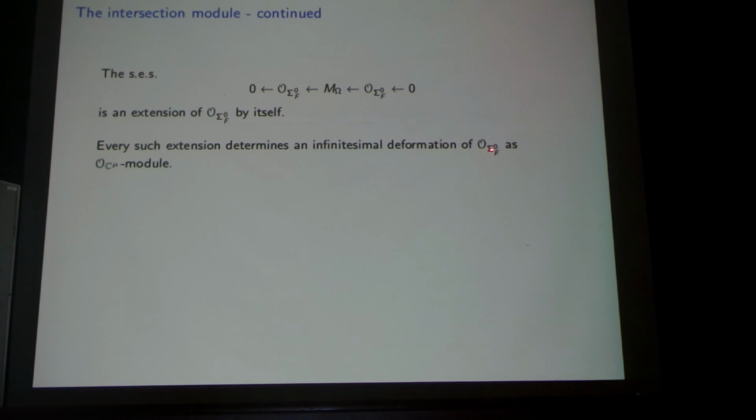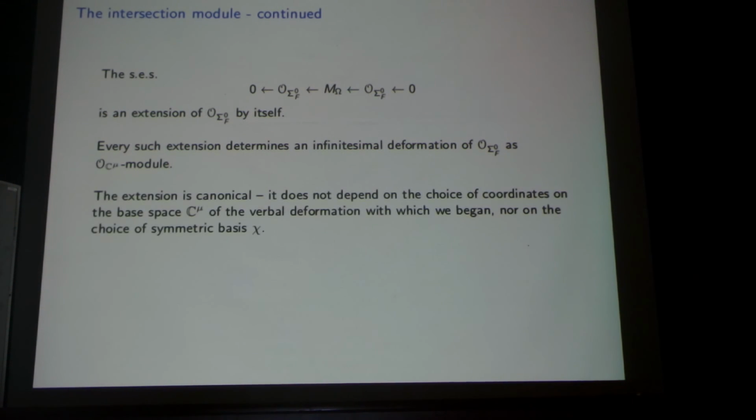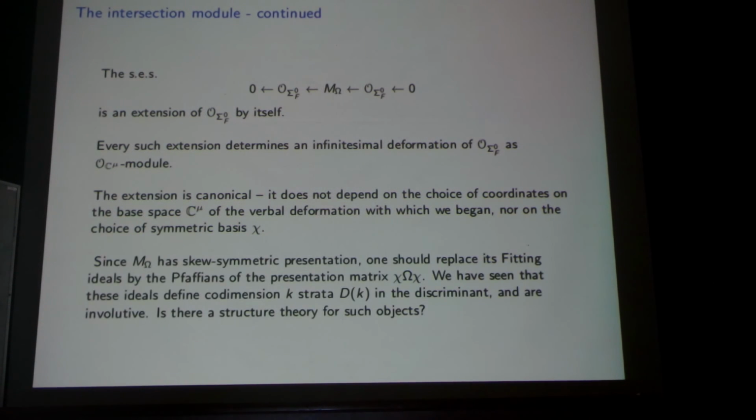So O sigma 0f as a ring is rigid because it's smooth, but its structure as an OC mu module or as an OD module is not rigid, and this gives us a canonically defined infinitesimal deformation. One can prove that it doesn't depend on the choice of coordinates on the base space, nor on the choice of symmetric basis for the module of logarithmic derivations. And I just want to emphasize that it's somehow the crucial object.